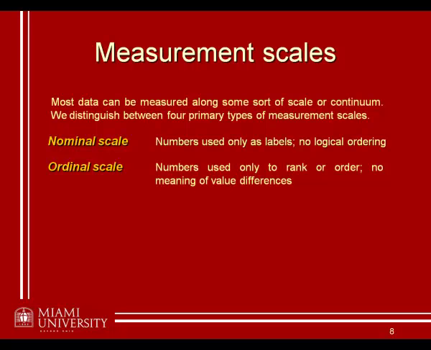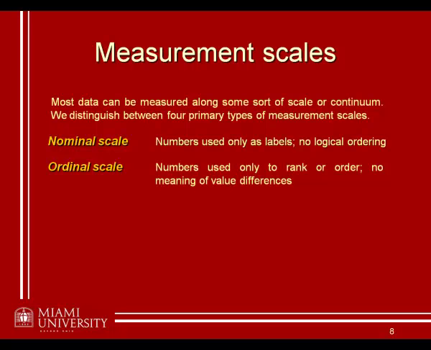So we can use the numbers to rank or order things, but there's no meaning of value differences. In other words, we don't know that the difference between 2 and 3 is the same as the difference between 3 and 4, or between 4 and 5. So any sort of ranking scale is going to exist on an ordinal scale.